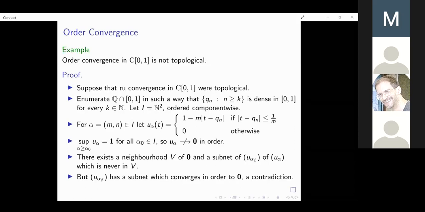We know that this convergent subnet exists because we can select from the u_betas a further subnet so that the corresponding q_n's converge to some real number. Then this subnet of the u_betas will converge in order to 0. And so that's one example.